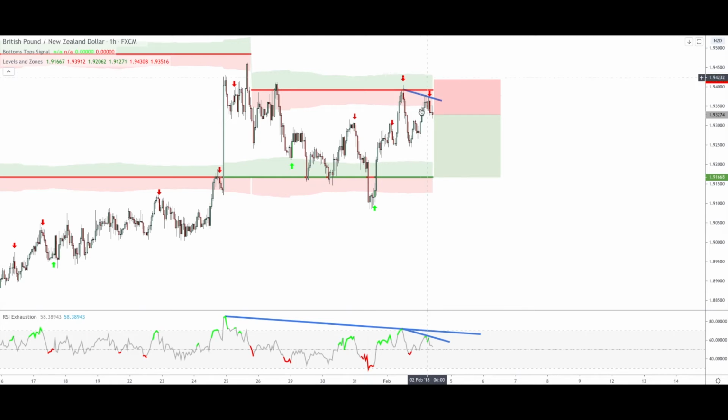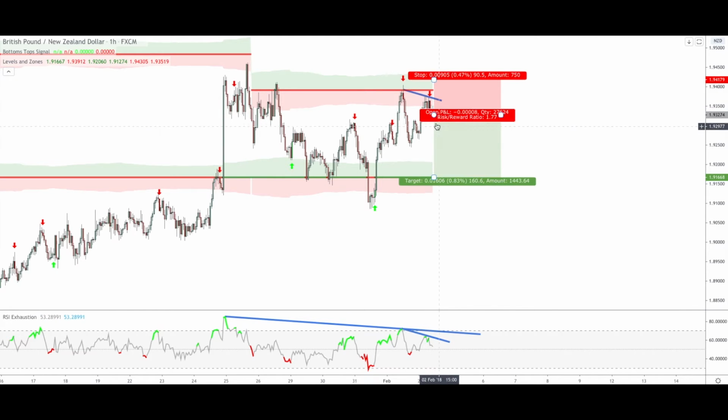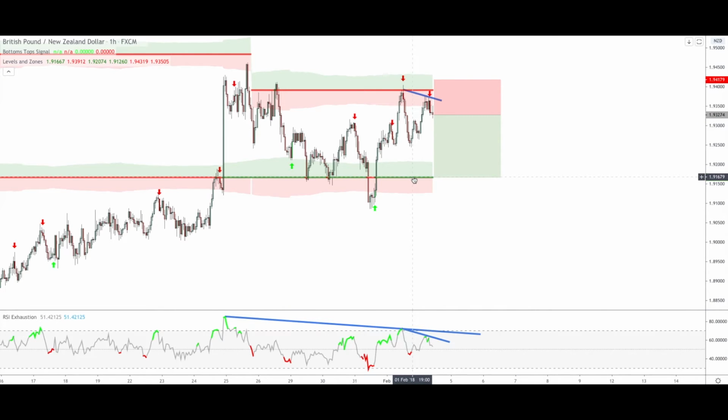And so if we are expecting that the price comes down, it is very, very likely that the price comes back all the way to this support level here.